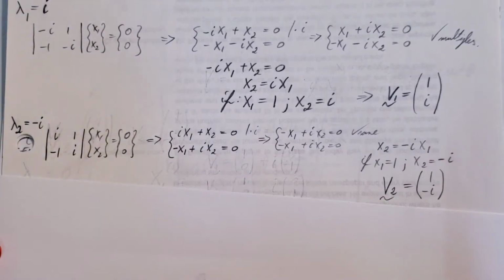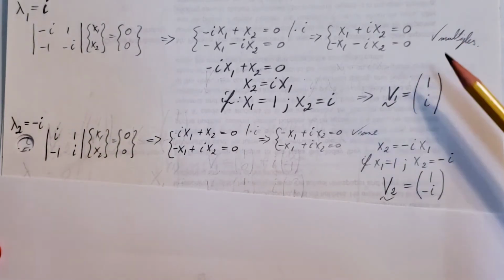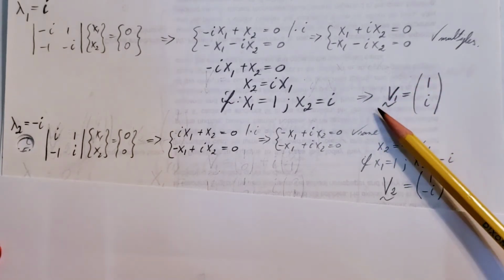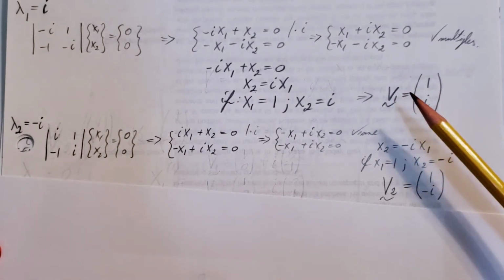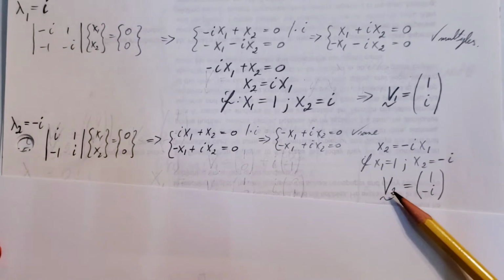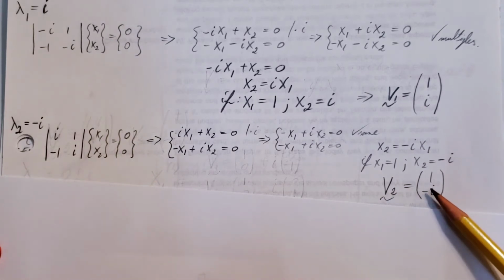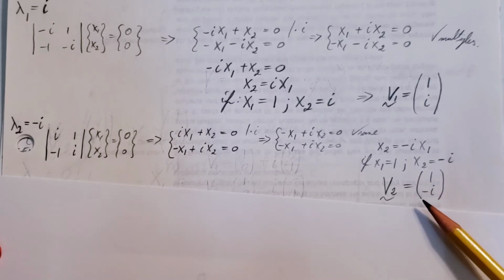Now if you realize that you had conjugate complex roots, which is plus minus i, you could jump from here and simply find your second eigenvector simply by flipping the sign. 1, negative i.